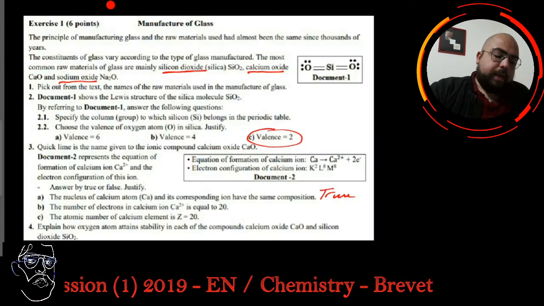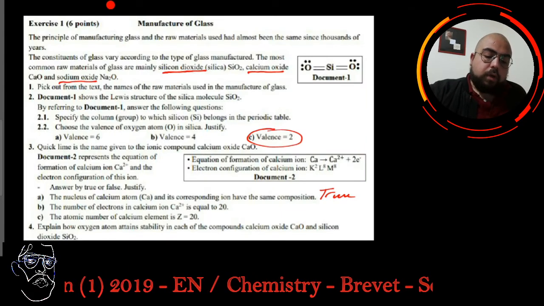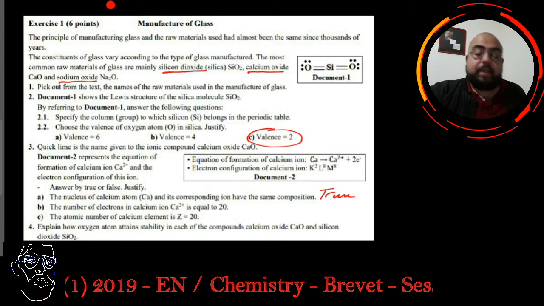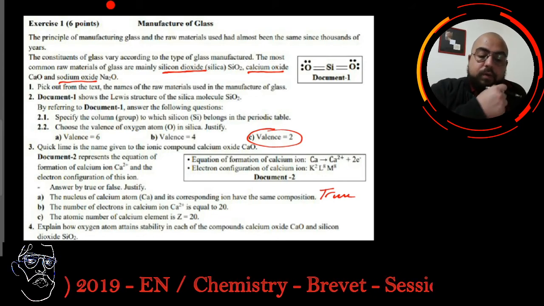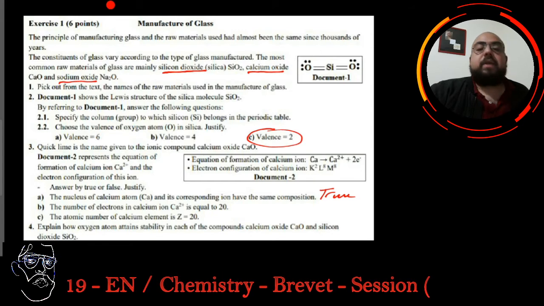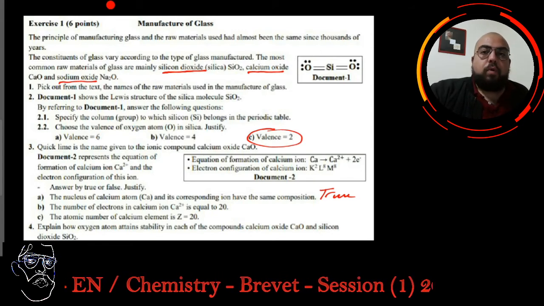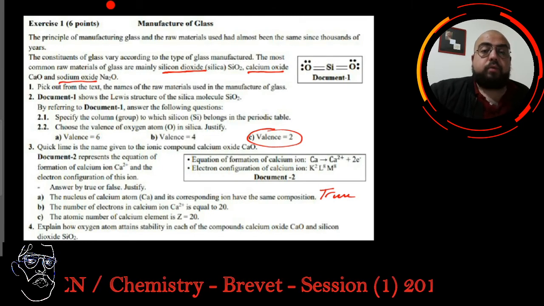Now, what about the last question? Explain how oxygen atom attains stability in each of the compounds calcium oxide, CaO, and silicon dioxide, SiO2. Now, the first case, CaO, it's an ionic compound.